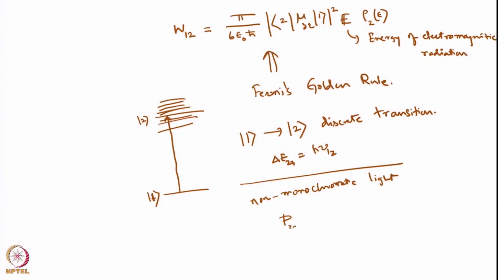And when you have non-monochromatic radiation, you have, let us say, rho radiation nu, in the frequency range nu to nu plus d nu. Now this is the radiation density.